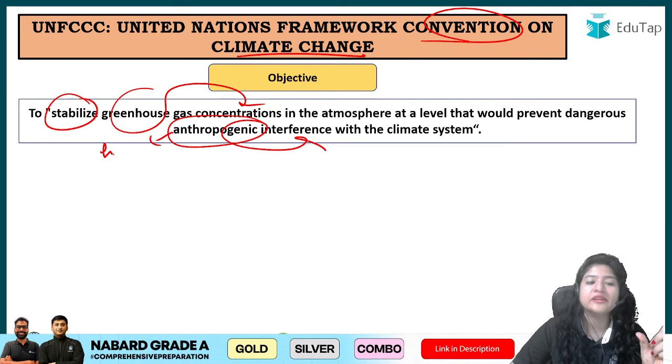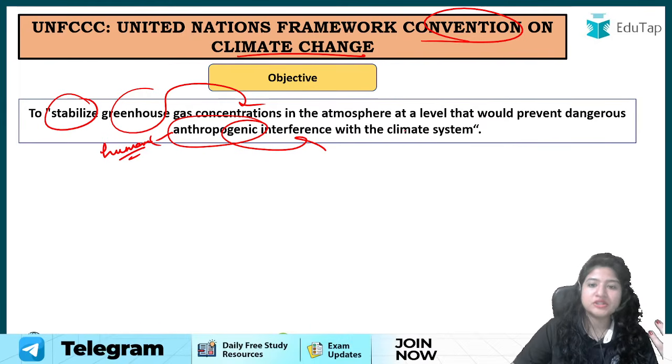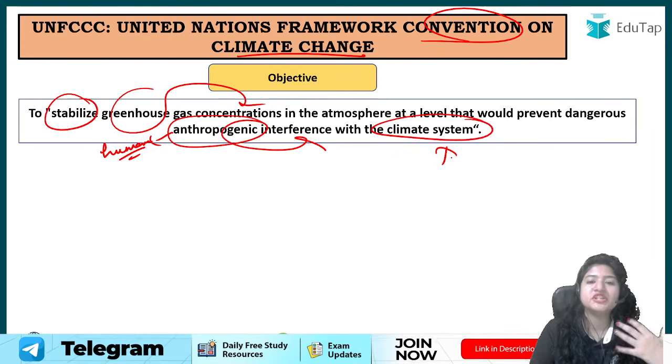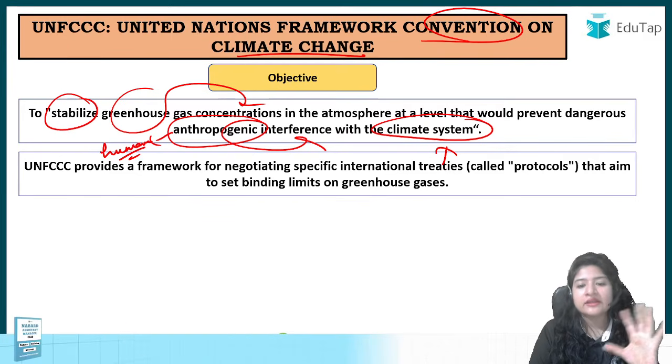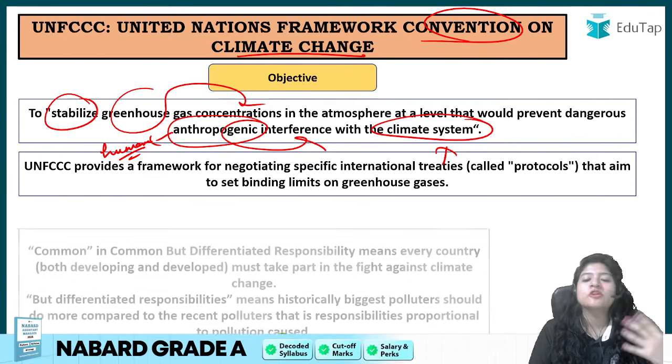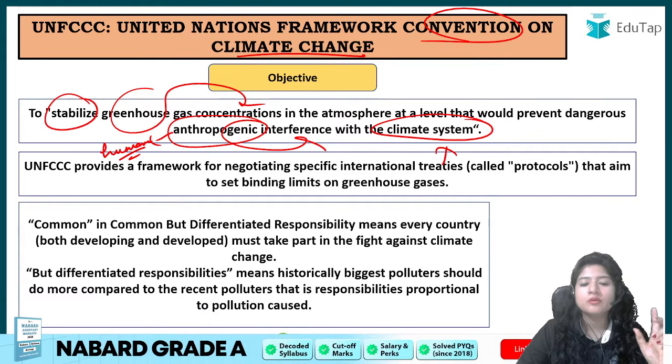Anthropogenic means human intervention. Because of this human intervention, the greenhouse gas concentration is increasing, which is leading to climate change. The UNFCCC, or United Nations Framework Convention on Climate Change, came into existence, and it came up with a lot of protocols to bind the limits on greenhouse gases.